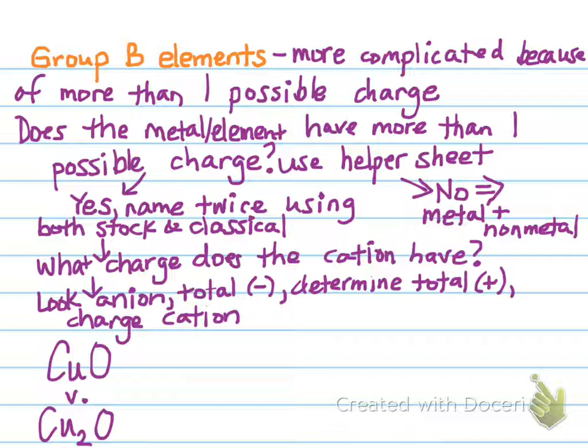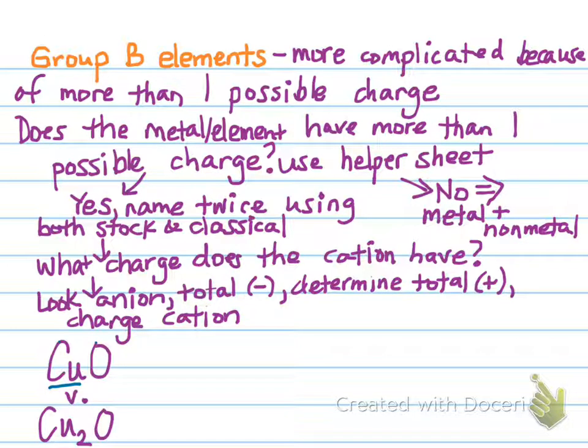So we're asked to name this, right? So we know it's an ionic compound because it's a metal and a nonmetal. So we look at our copper, and our copper is in a short column of our periodic table. So that means we look at our helper sheet. Copper's on our helper sheet. It has more than one possible charge. So I know I'm going to name this twice. I need to figure out what charge this copper has.